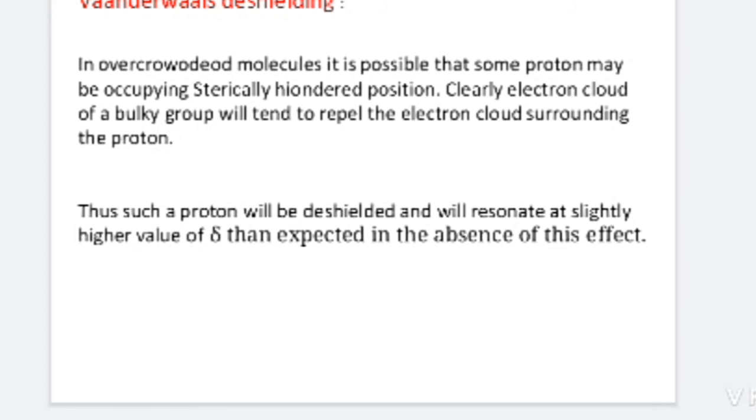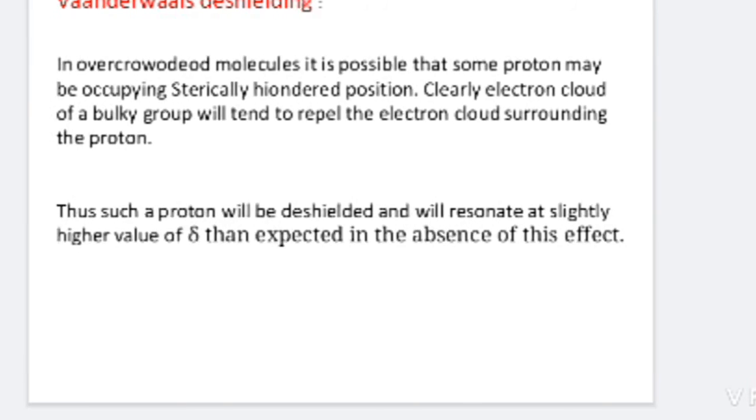Van der Waals deshielding. In overcrowded molecules, it is possible that some proton may be occupying a sterically hindered position. Clearly, the electron cloud of a bulky group will tend to repel the electron cloud surrounding the proton.